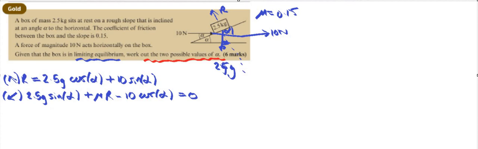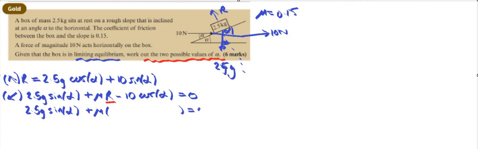Okay, so now what do you do? Now what we're going to do is substitute in our R. So that means we can rewrite it as 2.5g sine alpha plus mu times our R. And I'm going to take that 10 cos alpha over to the other side.